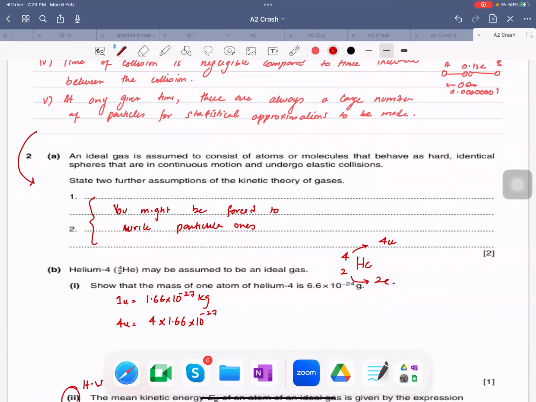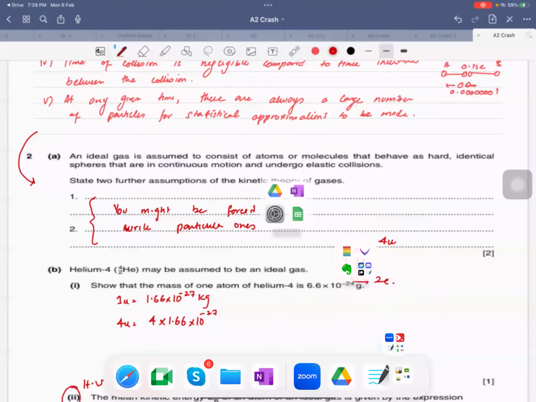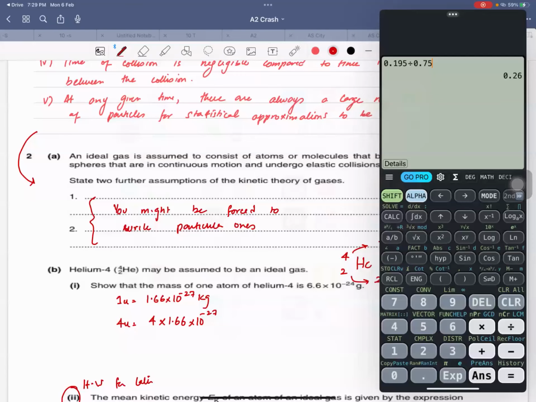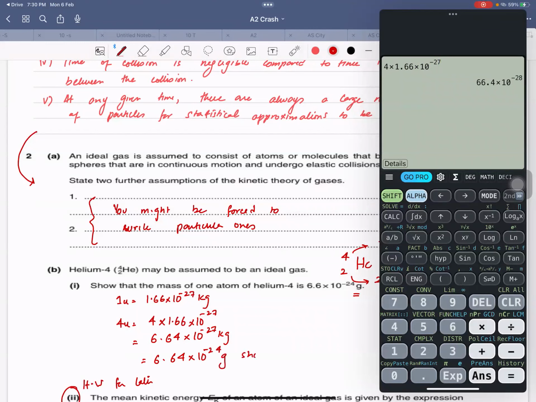Now, the good thing about this software is that it doesn't keep on syncing every time, so I can use my calculator. And now I'm less dependent on Gatika and Joveria. So this is going to be 6.64 times 10 raised to minus 27 kilograms. And because he has asked you to find it in grams, we multiply by 1,000, and this will be equivalent to 6.64 times 10 raised to minus 24 grams, which is what was to be shown.